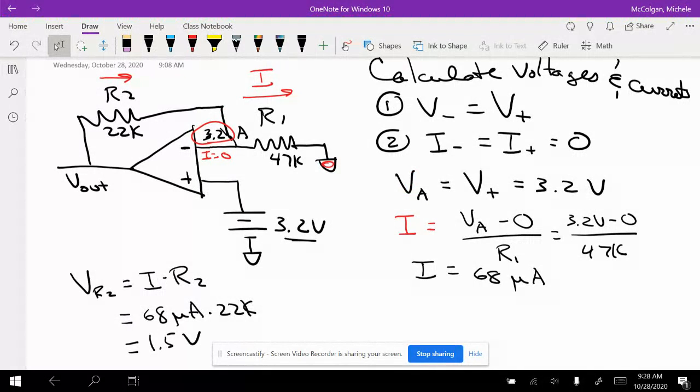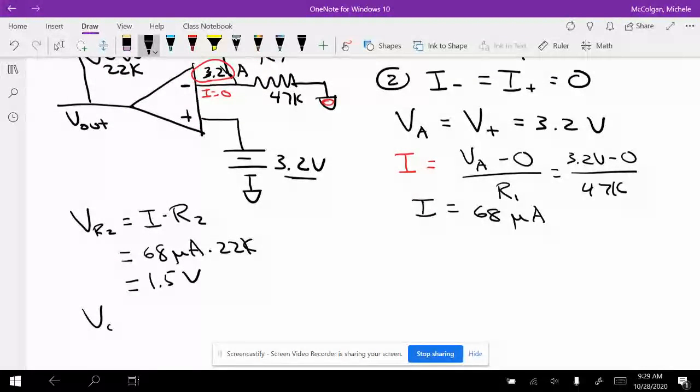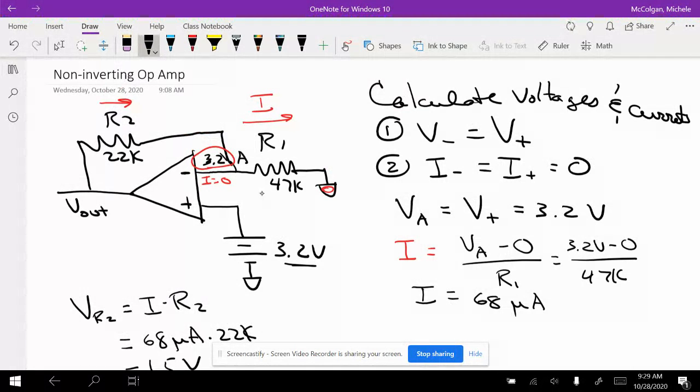So if I know my current is flowing to the right, then I know I have 3.2 volts at A, then my V out is going to equal the V across R2 plus VA. So if I'm dropping current as I move from V out, this is V out, the voltage drop across here, the voltage drop across R1 to get to 0.